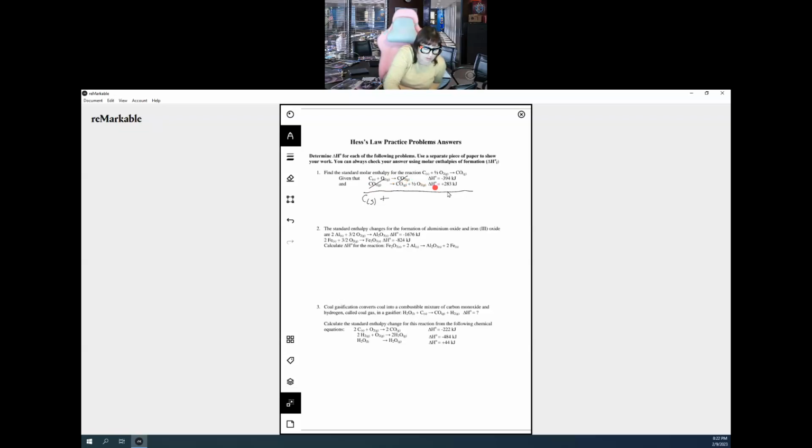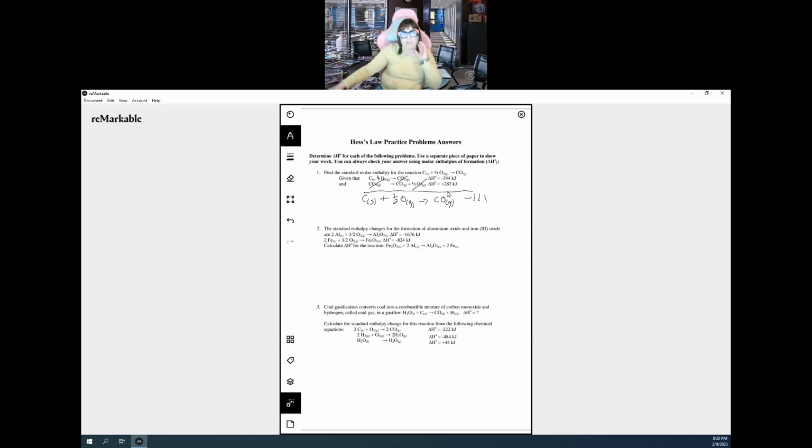I have an O2, so I cancel half an O2 over here, and that leaves me with a half there. So C plus half of an O2 gas gives me CO gas. And to get that, I just need to add those two numbers: negative 394 plus 283, and that gives me negative 111.